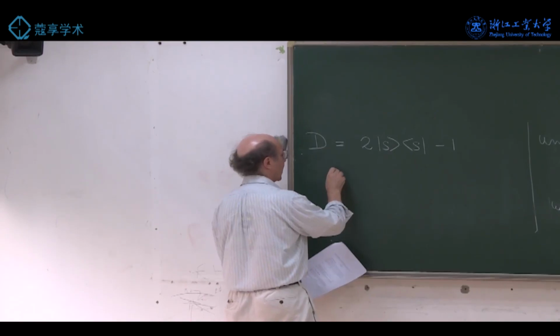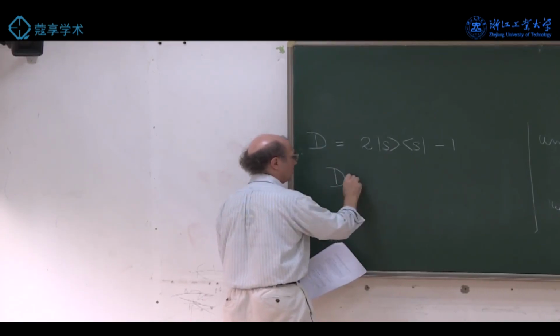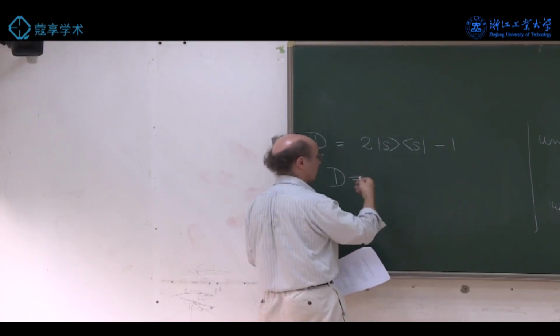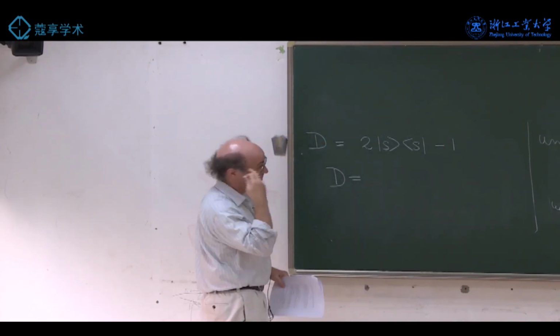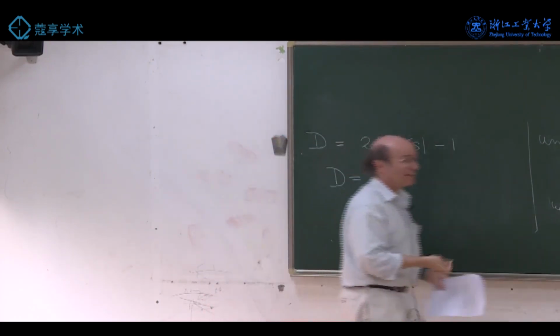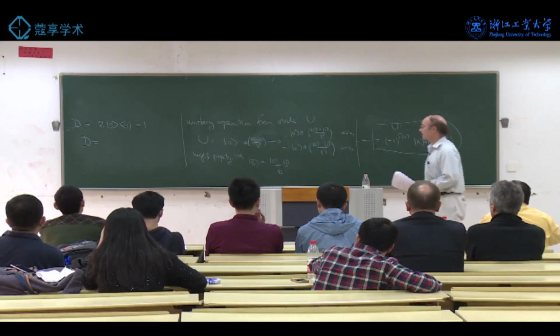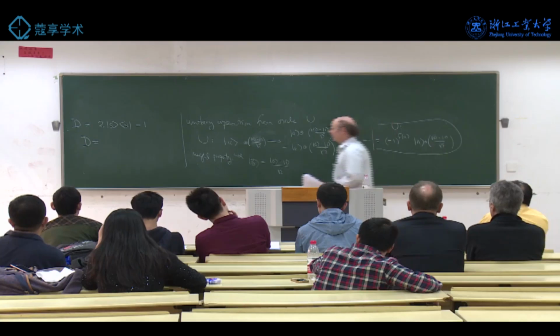Here's how you can realize D in a way that one can imagine would be practical if one had access to qubits and quantum gates.